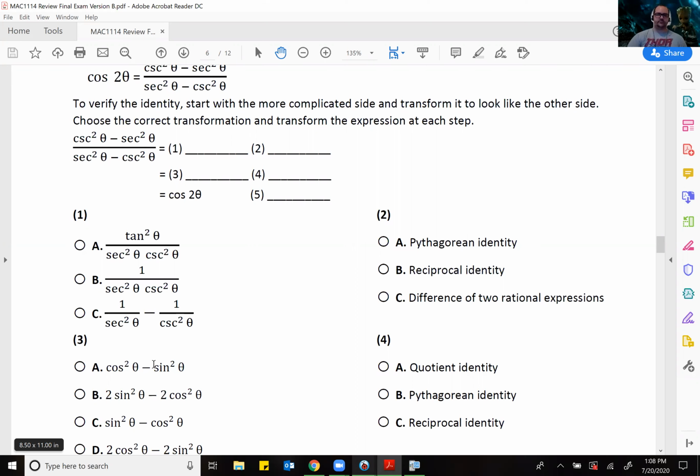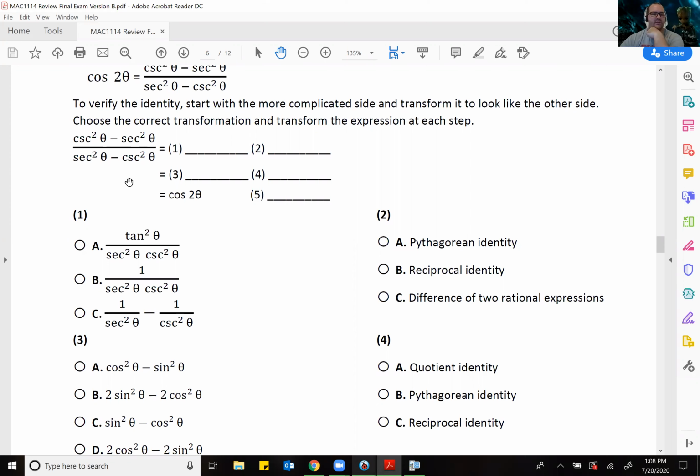Okay? So, whenever I see squares going on in here, my mind automatically goes towards trig identities. So we have some trig identities that we can talk about and do some things with. But let's think about some things here.